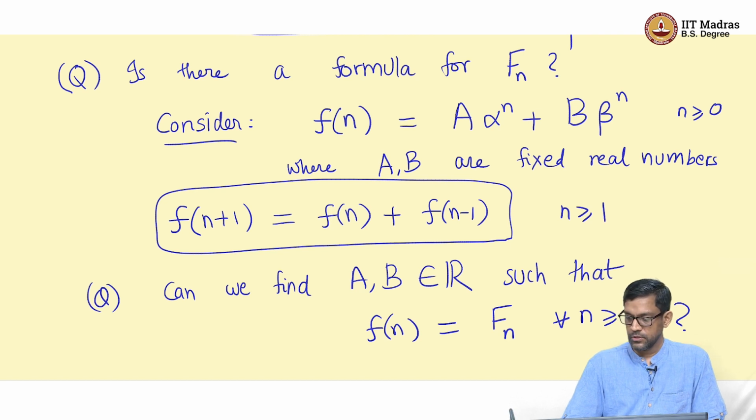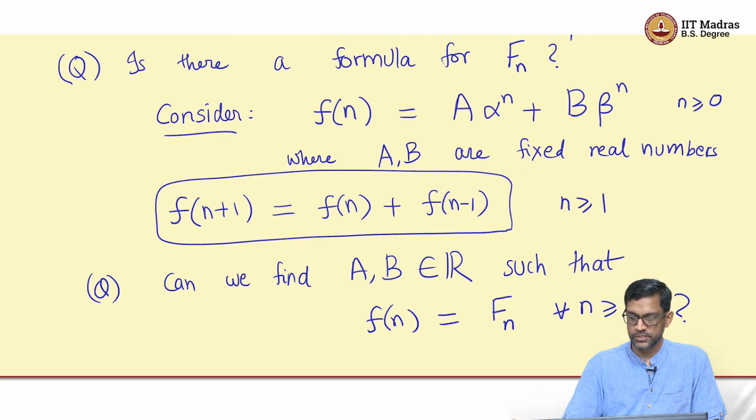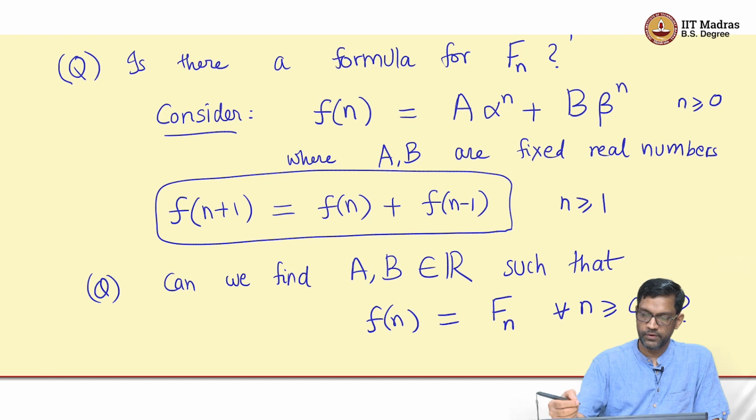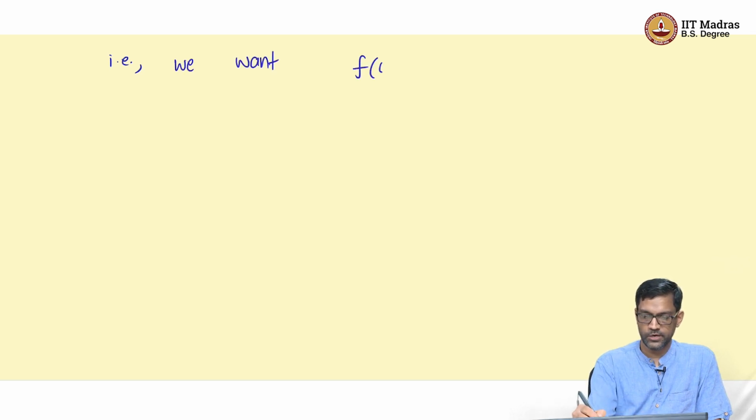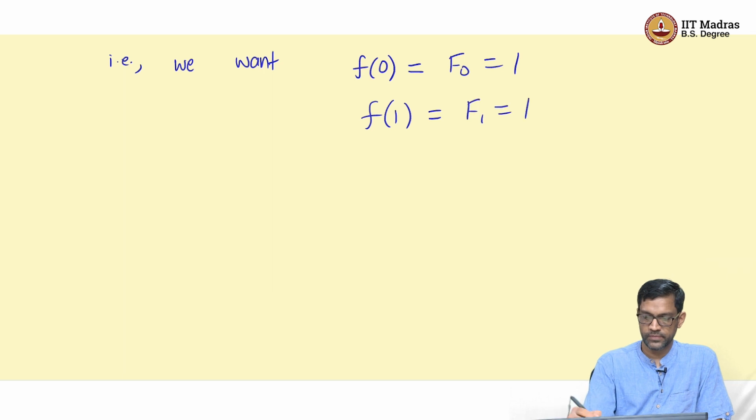So, what is it that we want to do? At the very least, we need to do the following. The Fibonacci numbers start with the 0th and first terms both being 1. So, we want f_0 to be the 0th Fibonacci number, f_1 to be the first Fibonacci number, f_2 to be the second Fibonacci number, and so on.